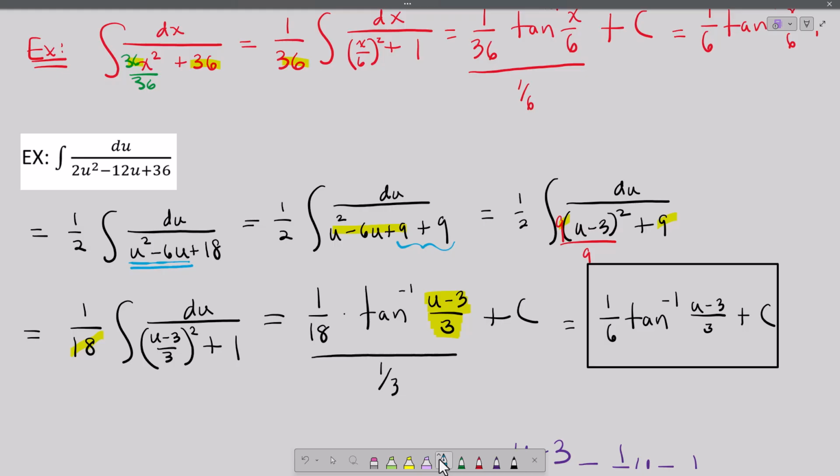So in order to make this a perfect square trinomial, this constant here has to be the square of half that. So we take half of that and get -3, and then we square it and get 9.